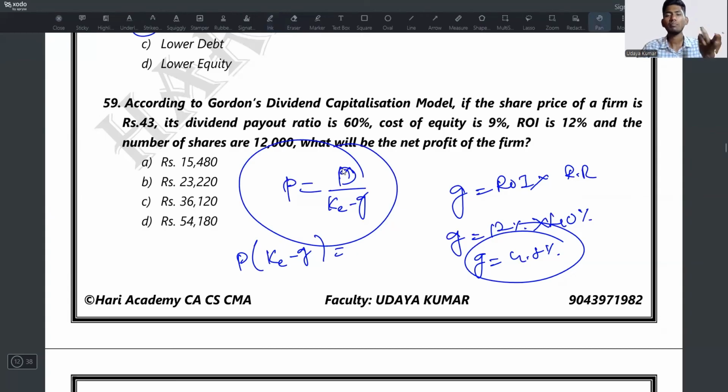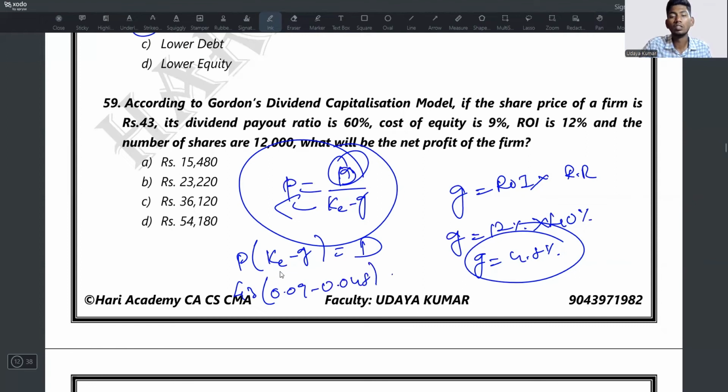So keep the dividend here and send the denominator to the left hand side. Then ultimately D is equal to P into (KE minus G). Substituting the values, P which is given 43 into (K which is given 0.09 minus 0.048) is equal to D. Then the dividend per share you will get as 1.806.